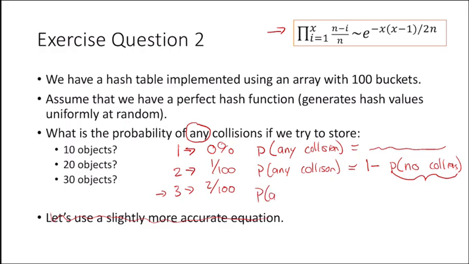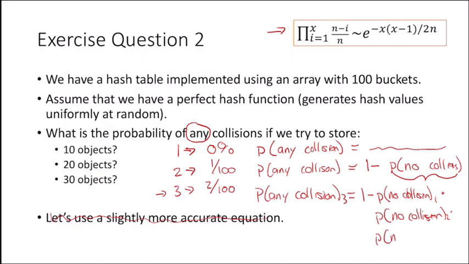So the probability of any collision, when inserting the first 3 items, is equal to 1 minus the probability of no collision when inserting the first item, times the probability of no collision when inserting the second item, times the probability of no collision when inserting the third item.